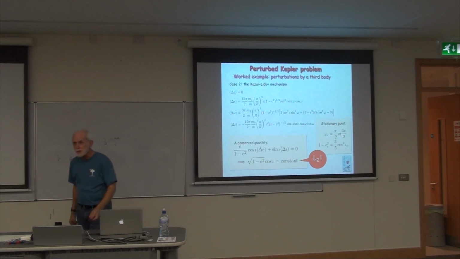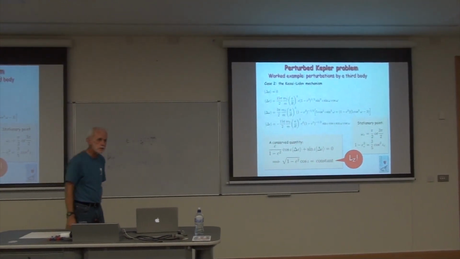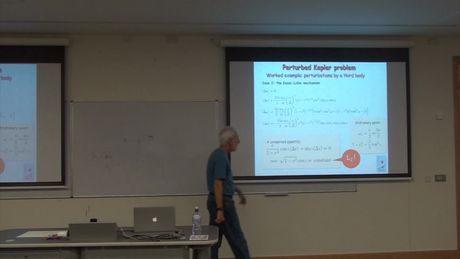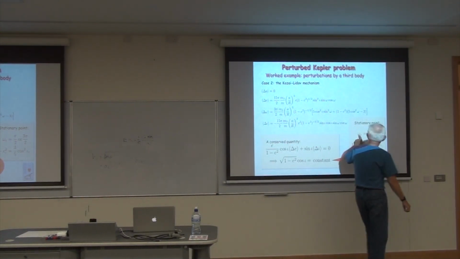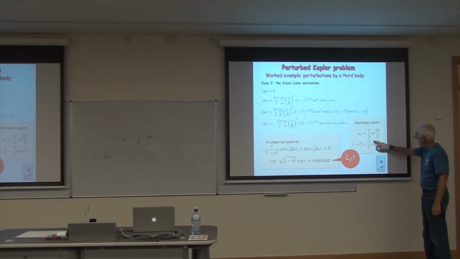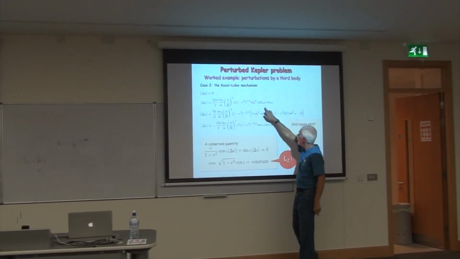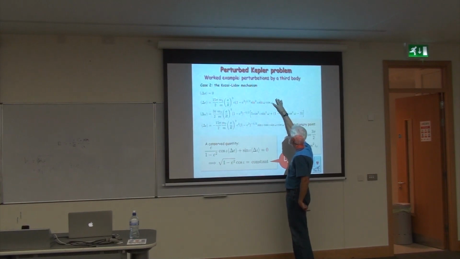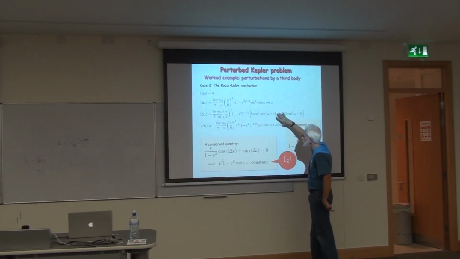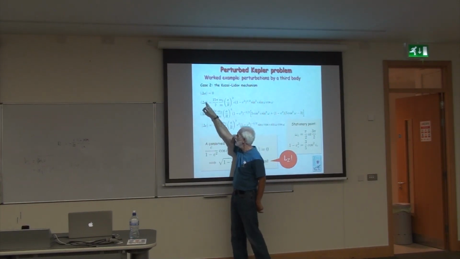Note, another thing you see from this set of equations is that there's a stationary point. There's a critical value of the pericenter, either pi by 2 or 3 pi by 2, where if it's pi by 2, then cosine omega is 0, so these two are constant.